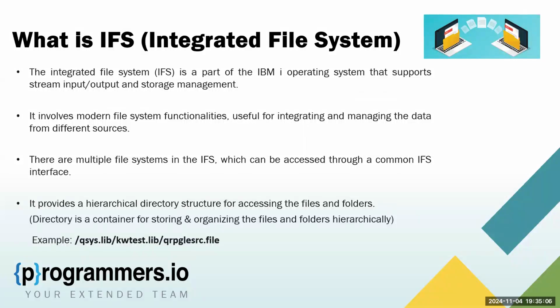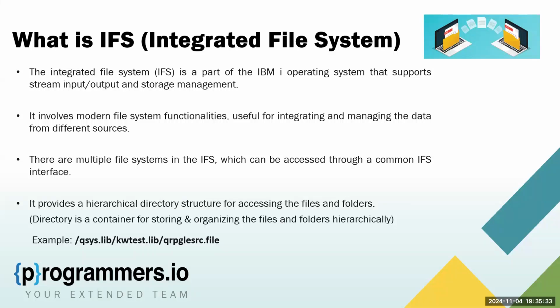The first forward slash you see is called the root directory, and after each forward slash there is a directory name mentioned. The first directory mentioned over here is QSys. As we all know, all libraries are inside the QSys library. Then there is kwtest.lib, which is the library name I'm trying to access through this directory link.